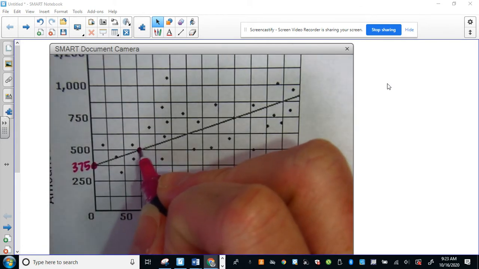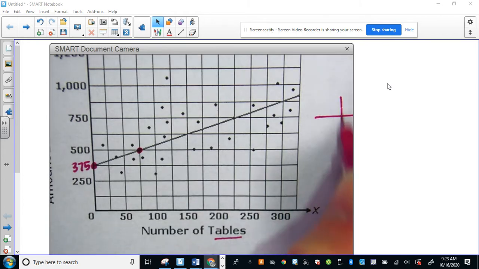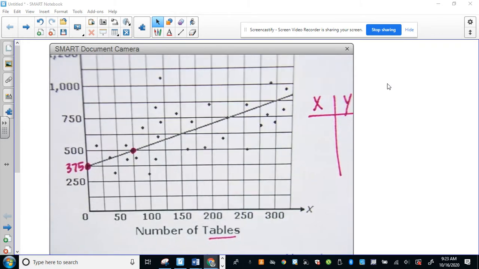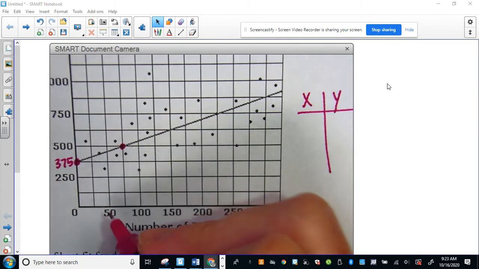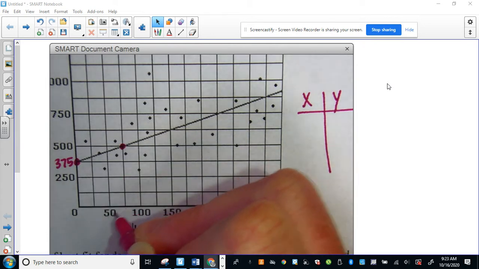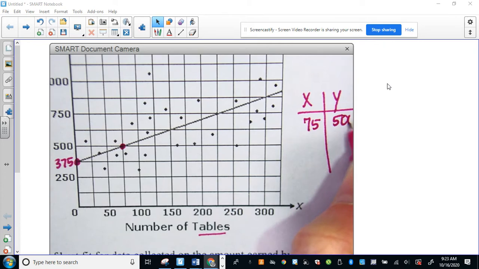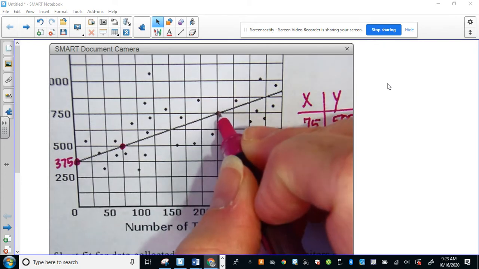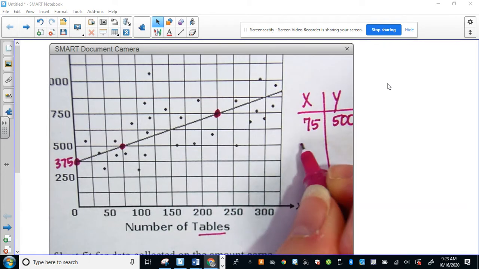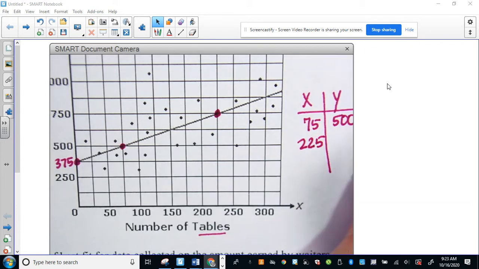I'm going to use this point, which is, go ahead and start making the table over here. This point that I just picked is at 75 on the X and 500 on the Y. And another point I'm going to pick is right here, and that's at 225 and 750.